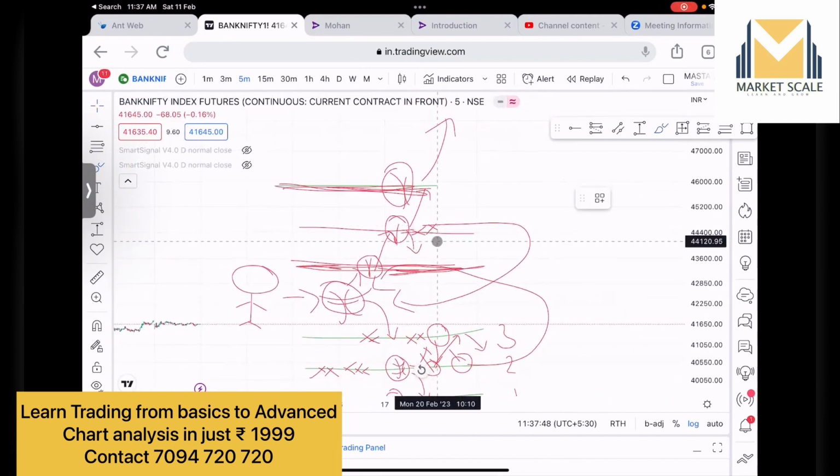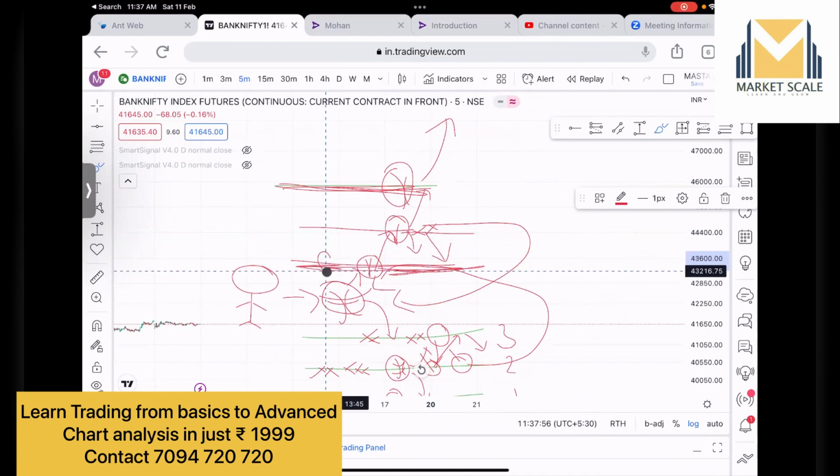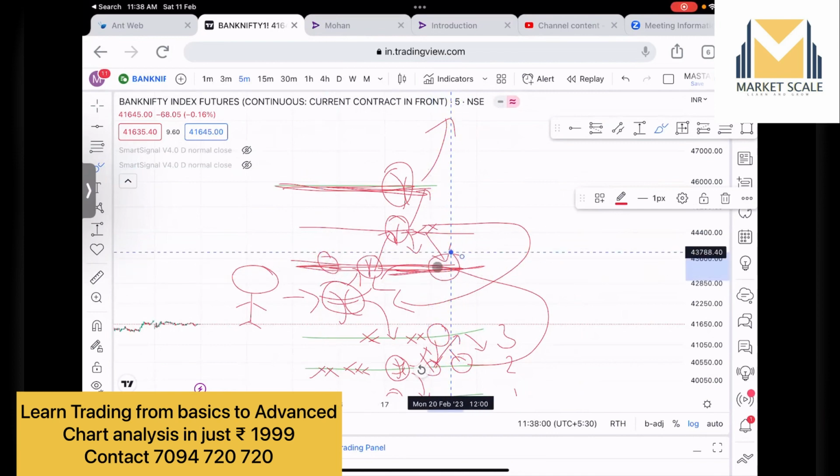Again, if the fifth floor is strong, the ball will fall to the fourth floor, and at the fourth floor it will regain force and push again.